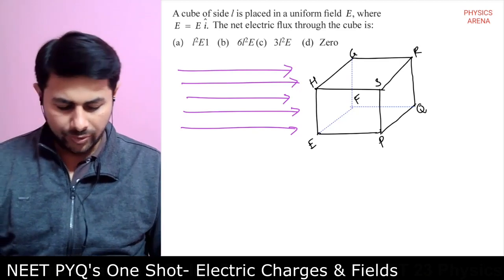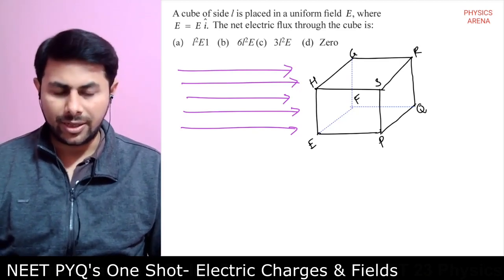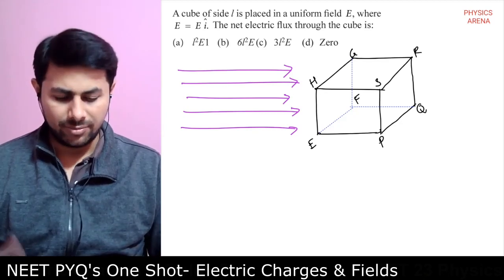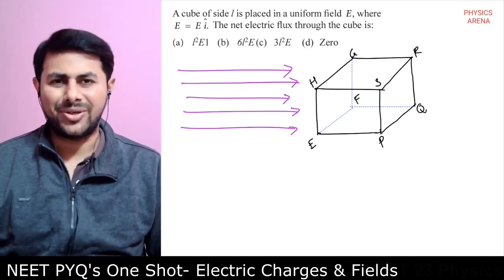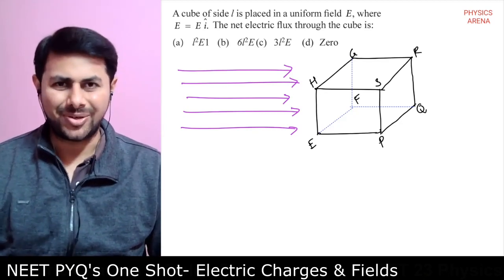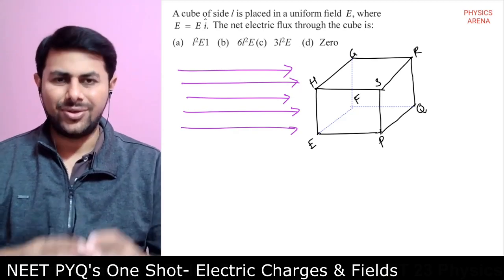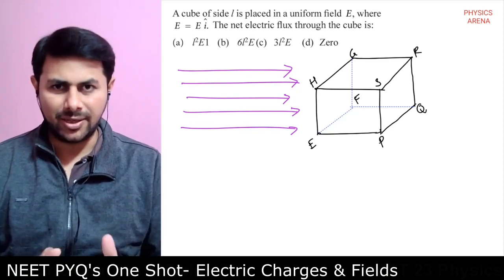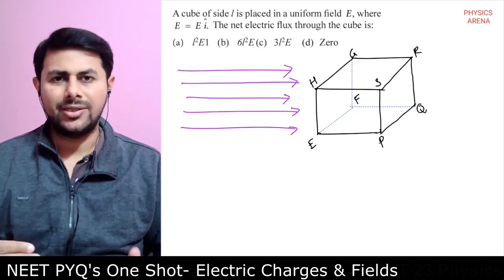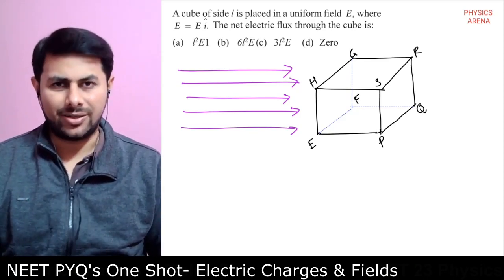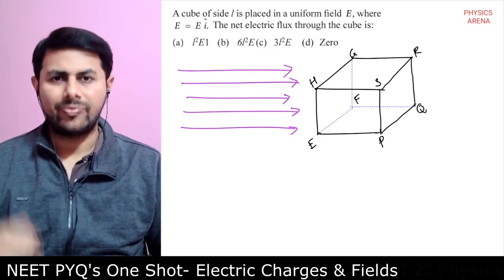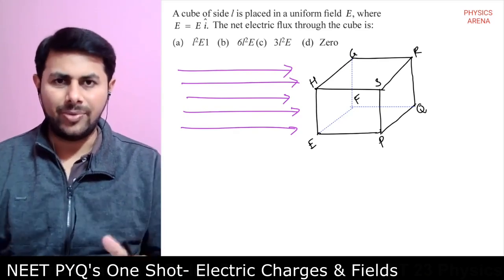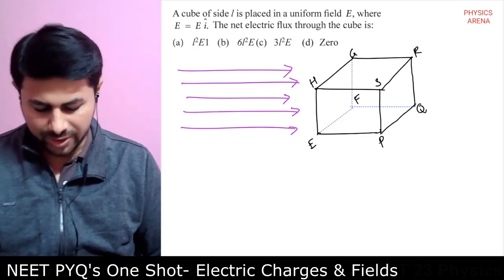So how do we choose the direction of area vectors? It is perpendicular to the plane of area, right? But now there are two possible perpendicular directions. So the thumb rule is, if it is a closed surface, then we consider the outwards area vector, a perpendicular which is directed outwards from the surface.